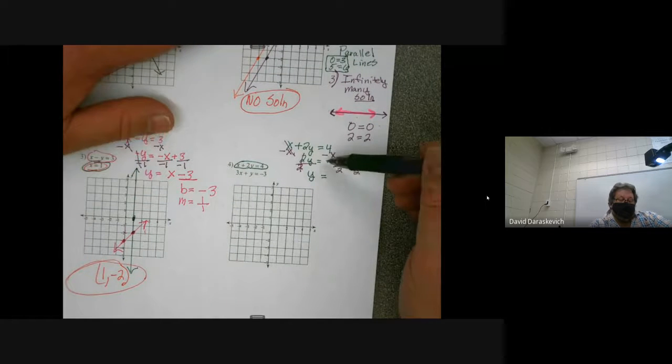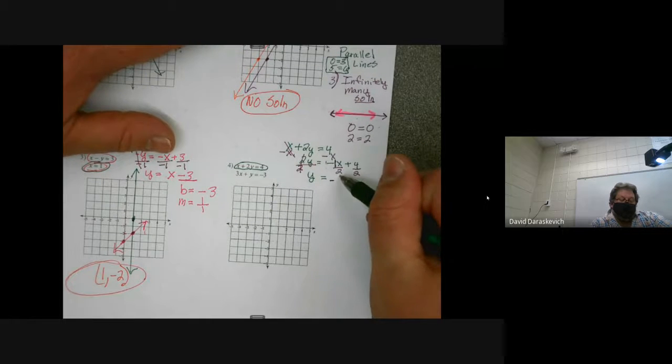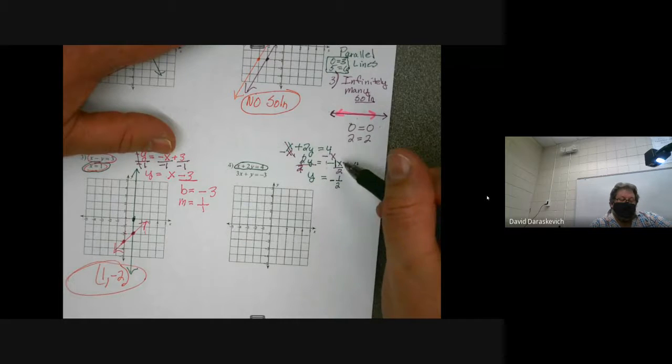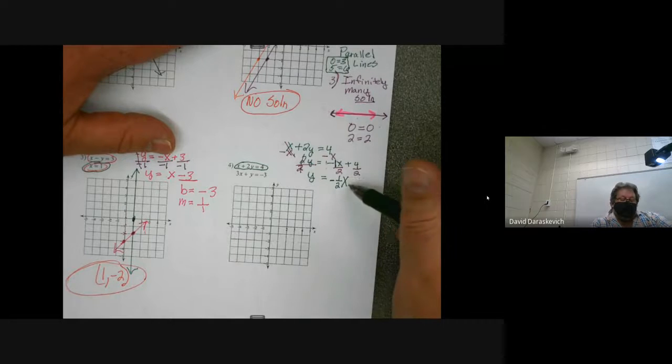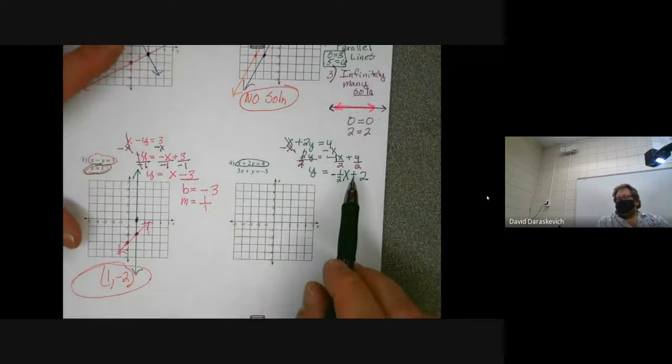So my coefficient for x here is negative 1/2. That's my m. Okay. My x is in the numerator, so I can pull it out to make it look like y equals mx plus b. Positive 4 divided by positive 2 is positive 2. This definitely was kind of a trickier one.